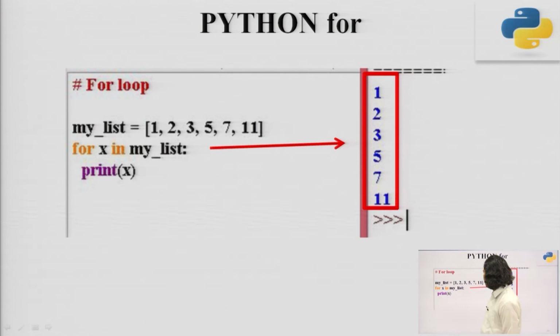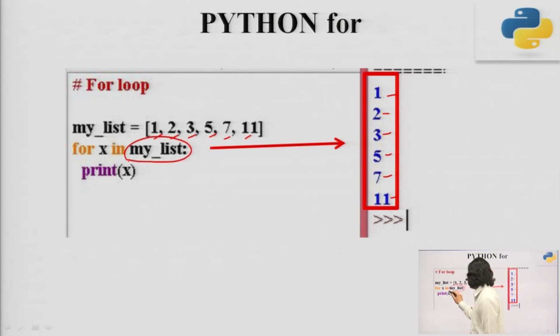Now, look at this one, 1, 2, 3, 5, 7, 11, again 1, 2, 3, 5, 7, 11. Whatever values you hold under the collection, the same values will be fetched by this x. This x, or this variable, is known as the iterator.